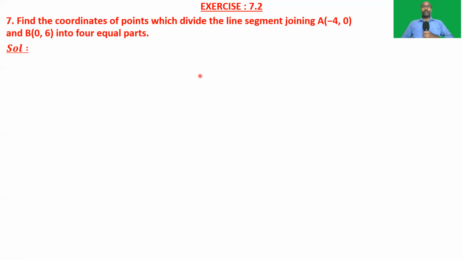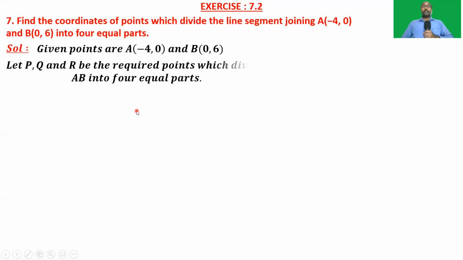Now we have to find 3 points which divide the line segment AB into 4 equal parts. The given points are A (-4, 0) and B (0, 6). Right. Let P, Q and R be the required points which divide AB into 4 equal parts.